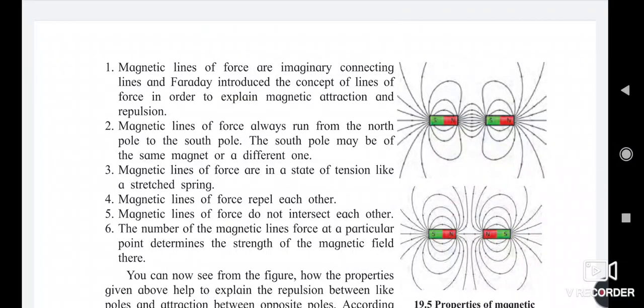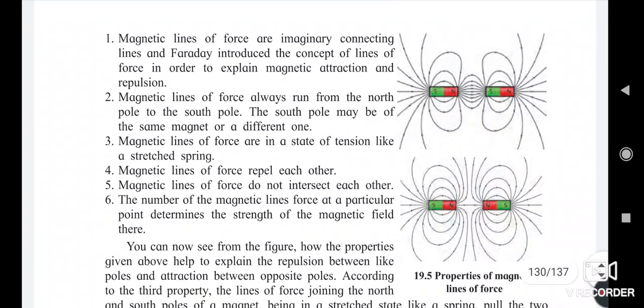Magnetic lines of force repel each other. Magnetic lines of force do not intersect each other. The number of magnetic lines of force at a particular point determines the strength of the magnetic field there.